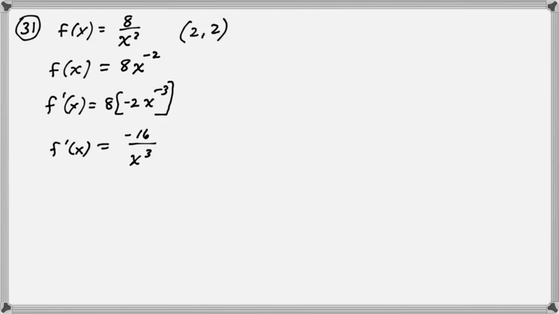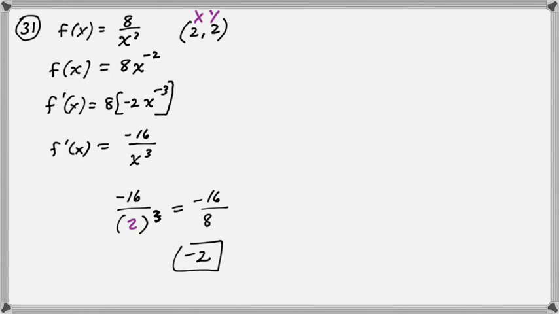So I rewrote f of x as 8x to the negative 2. Then I kept the 8 out and I did power base 1 less power. Then I rewrote it and I moved the negative exponent to the bottom. At this time I'm going to put what value in for x? 2. So that's negative 16 over 8, because that's to the third power. And the answer is negative 2 on 31.